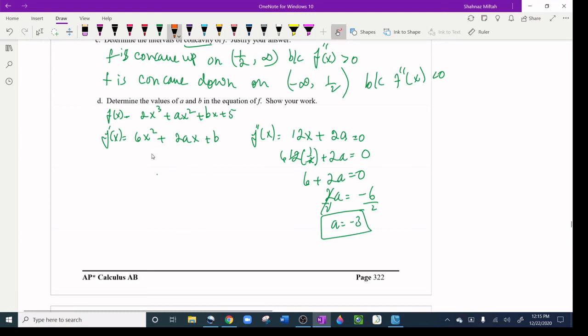To get the b, I can plug this a into the f prime. I have to figure out the x for f prime, and it will give me the b. So I make f prime x equal 0, which means 6x squared plus 2ax plus b equals 0. Now I need x and a. A is there, but I need an x to get the b.